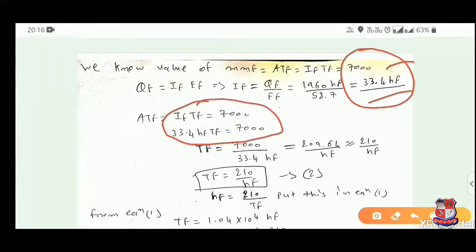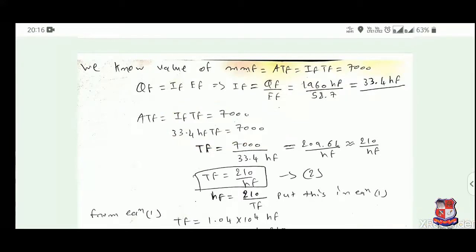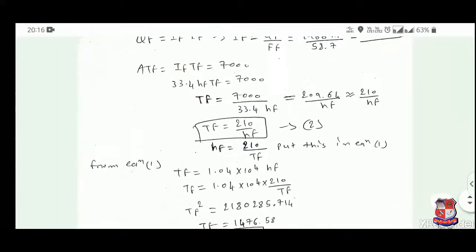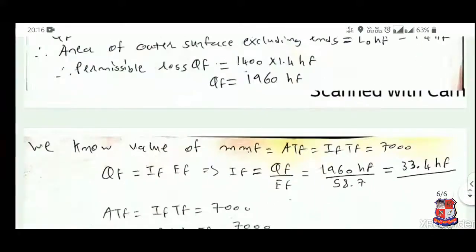Here we get TF equal to 7000 divided by 33.4 into HF. So finally we get the ratio of TF and HF. TF will be 210 by HF and HF will be 210 by TF.